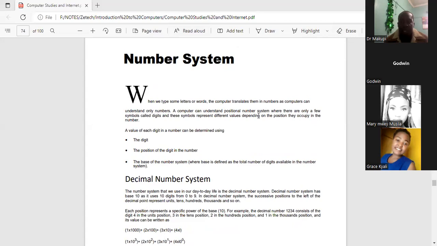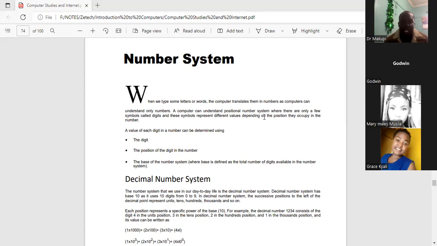For example, when you type on your keyboard, the way you are pressing 0, 1, 2, or 3, that one is interpreted in terms of ones and zeros by your computer. That is why it is important for us to be able to appreciate number system, considering how computers take and understand instruction in form of 1 and zeros.